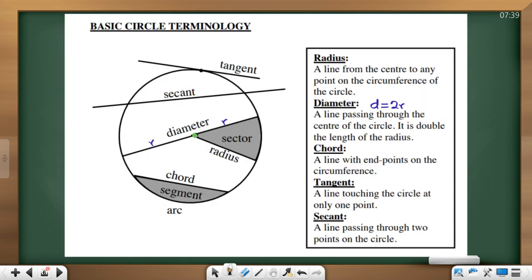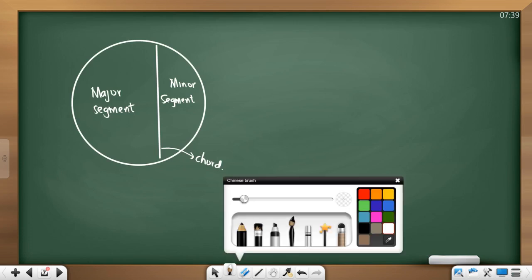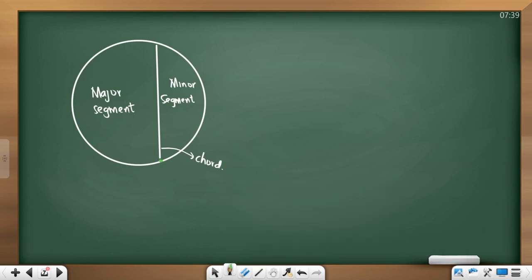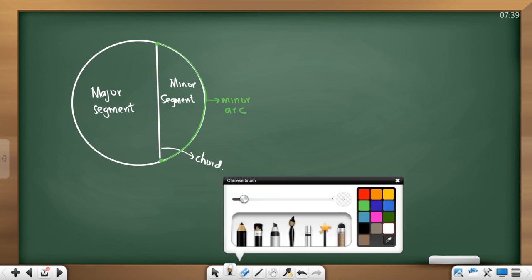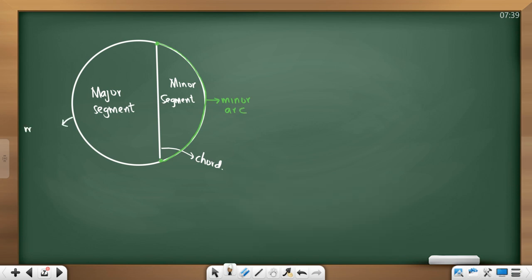Then we have an arc. Please watch this. This little section here, the arc is on the outside. So we have 2 arcs. This green one is called the minor arc, while the other part is called the major arc. So the chord does a lot of things.